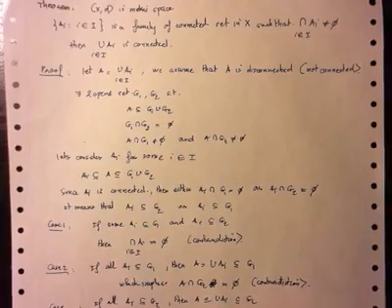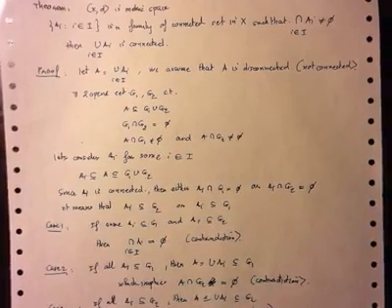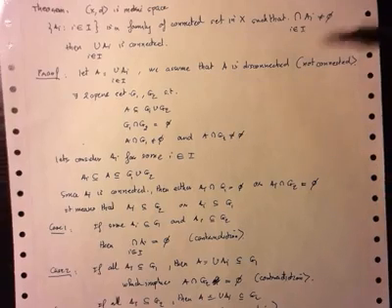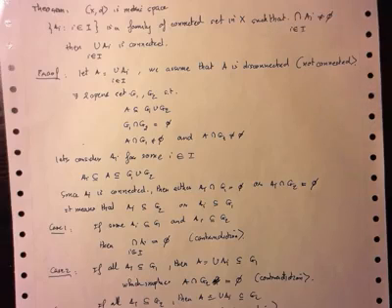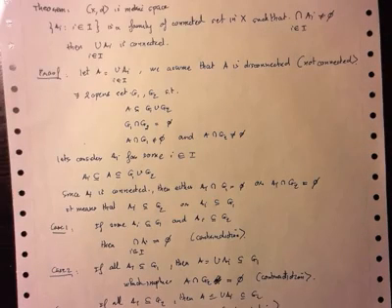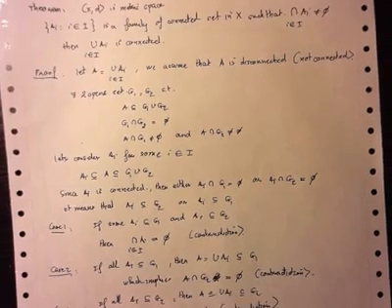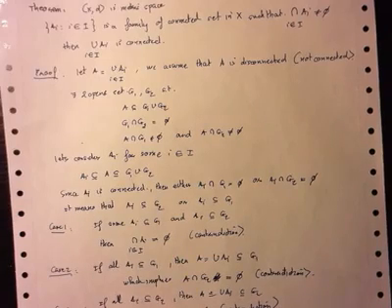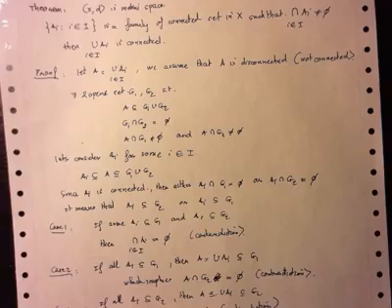Okay, so in all three cases we have a contradiction with what we assumed at the beginning. So it means what? So we conclude here that the union of A sub I must be connected.